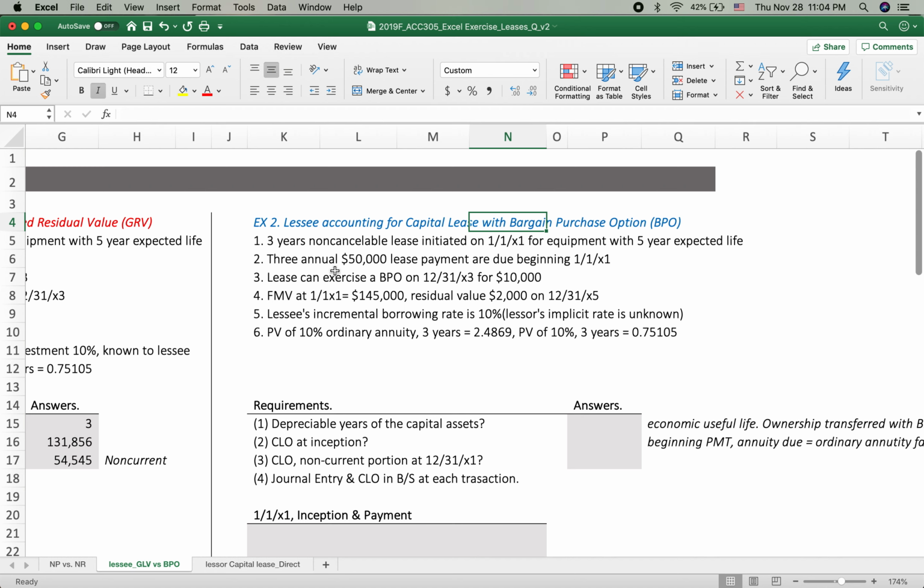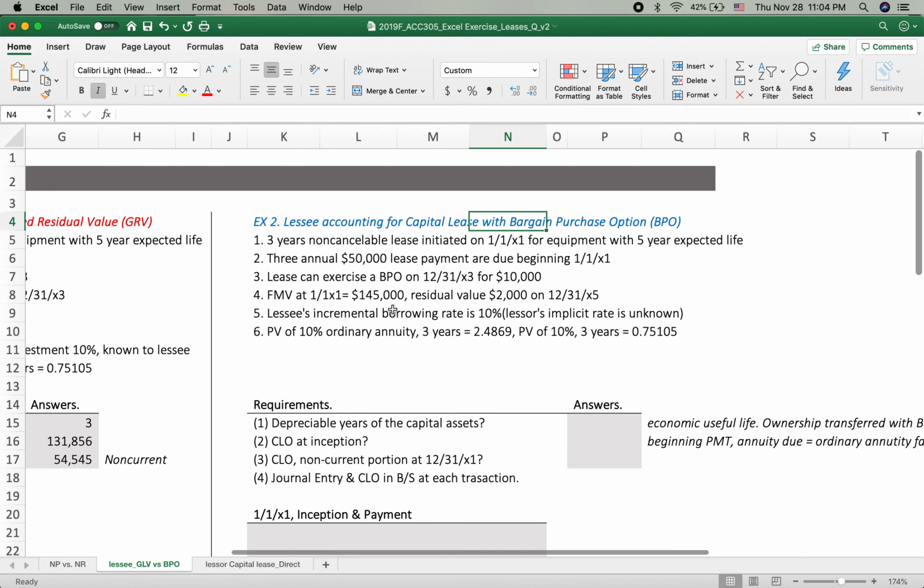So the lessee will still have this asset on their balance sheet. They continue to use this asset until the end of the useful life, not the end of the lease term. Okay, so keeping that in mind, let's jump into the question.